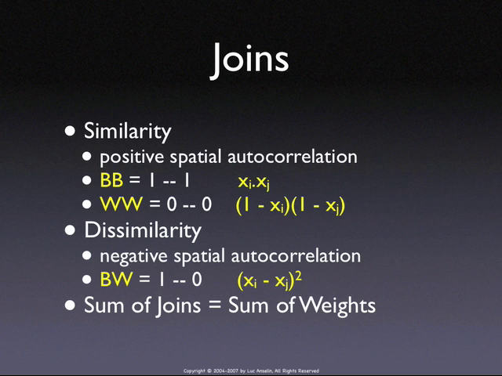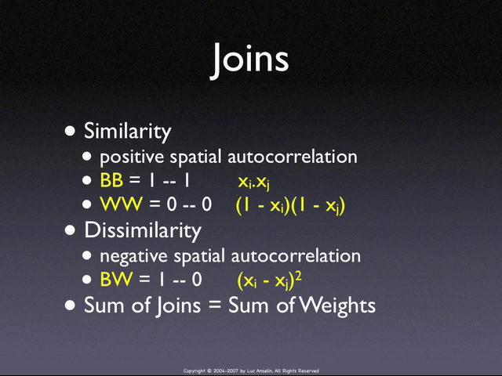How do you count two 1s? You multiply them with each other, that counts it. If you subtract them, they won't get counted. So the similarity measure that we use to capture this is the cross product of the two values. So x_i and x_j, if they're both 1, then we count this as a 1. If one of them is 0, or both of them are 0, we don't count it.